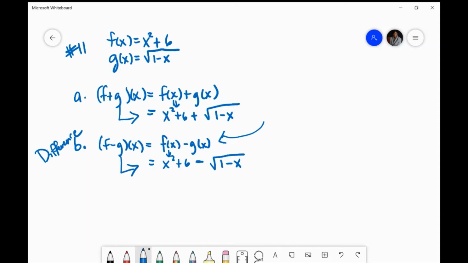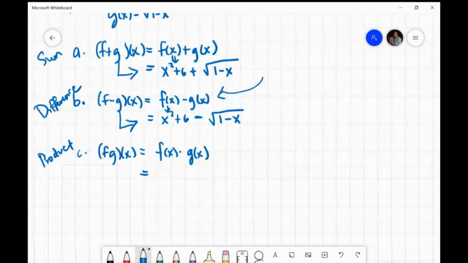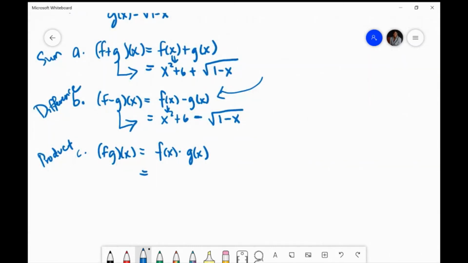All right. A was the sum, B is the difference. We're just doing the same stuff over and over again. Product. Now that one is probably what you were thinking about. F of x times g of x. So in this case, what do we need so that we can write it properly? Parentheses. Yep.